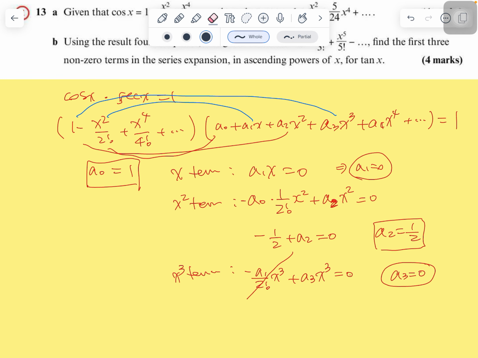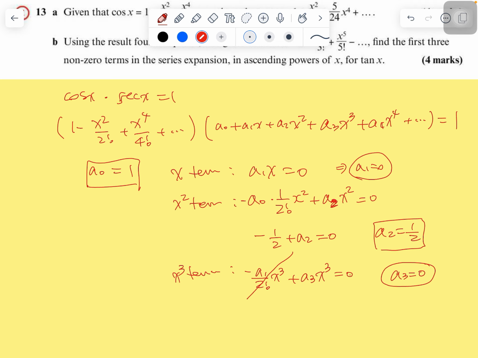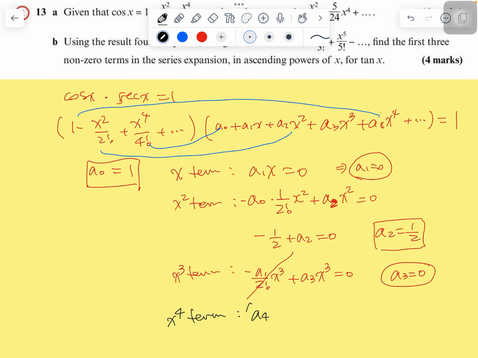Now a4, the x to the power of 4 term, from this one, this one and this one. The first one is a4, plus the second one, negative 1 over 2 factorial a2, plus 1 over 4 factorial a0, x to the power of 4, becomes 0.